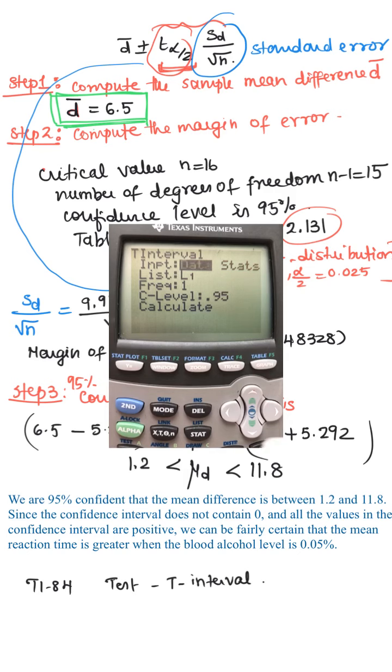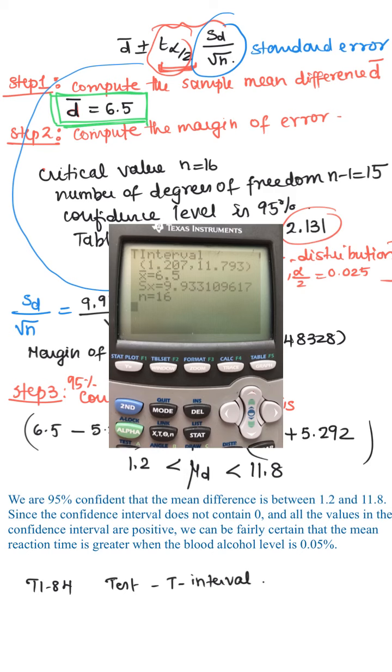We are using the data from list L1 and the confidence level is 95%, so 0.95, then calculate. If you round this value to one decimal place, you can see that it matches our value.